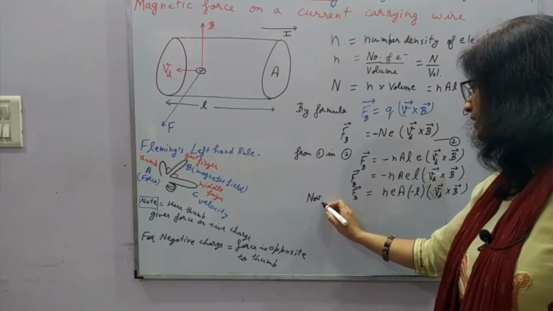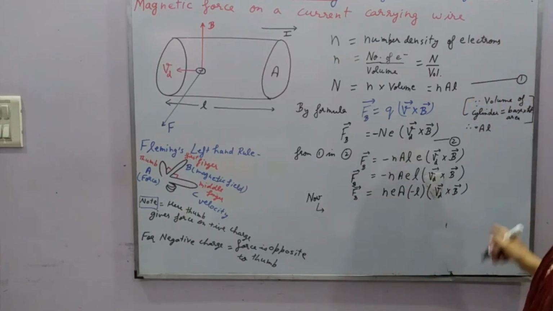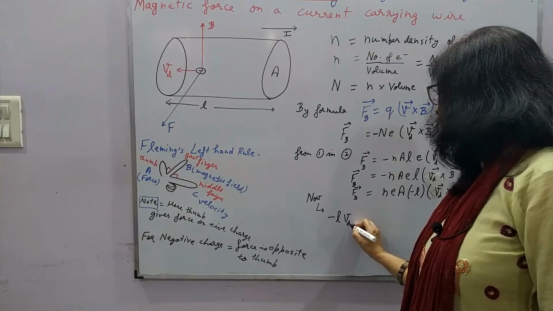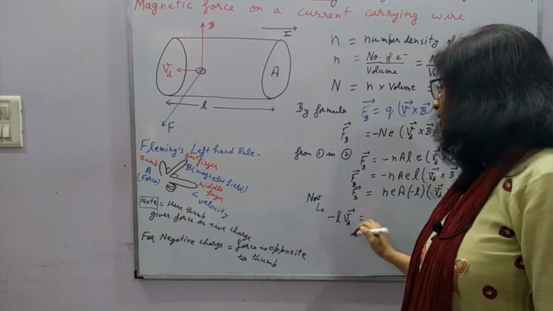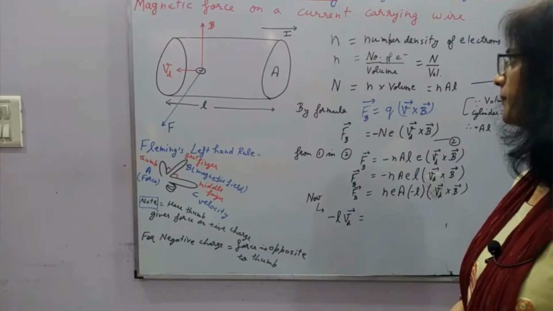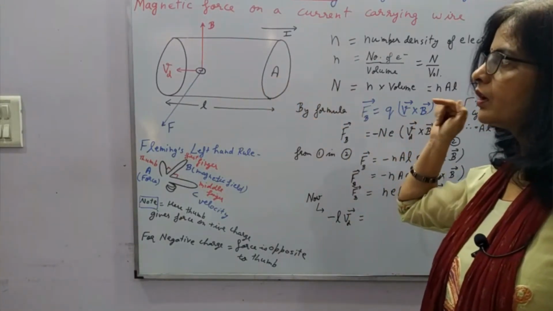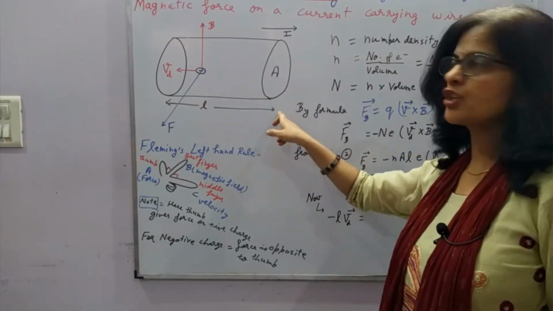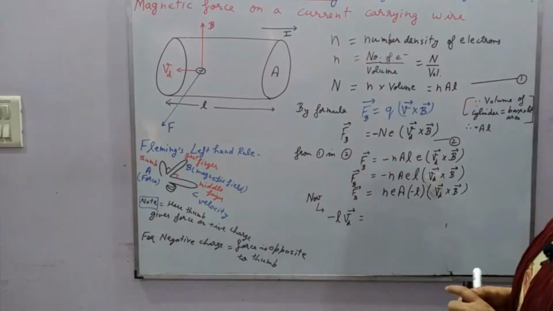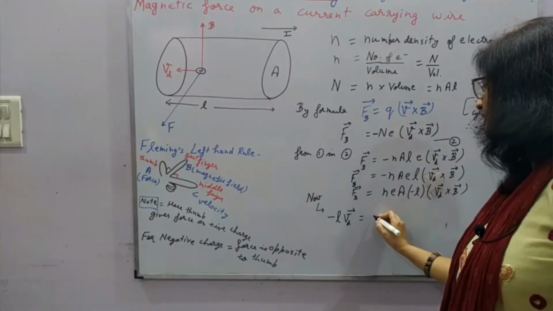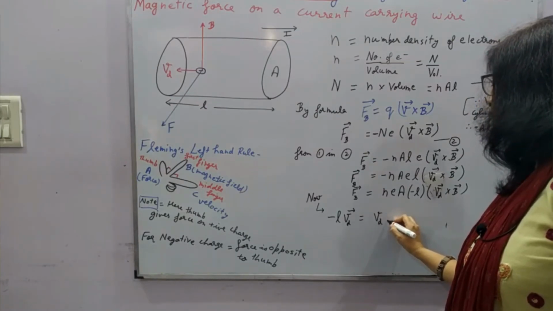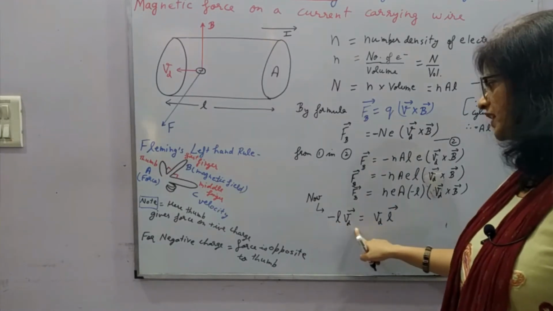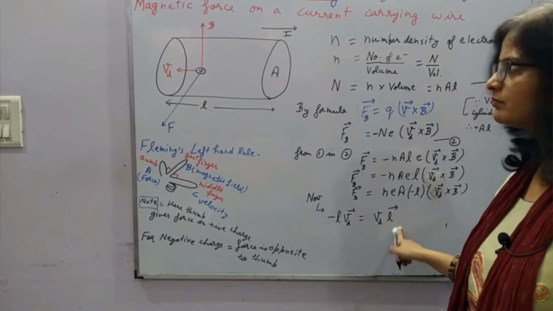Now in this next step, what I am trying to explain is that if I look at minus L into Vd vector, here we are considering that the direction of length is opposite to Vd. Why? Because we are considering the direction of length along the direction of current. So I can write it as the magnitude of Vd into the direction of L vector, because minus Vd direction is L direction.